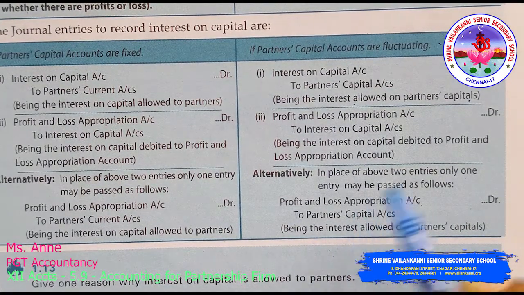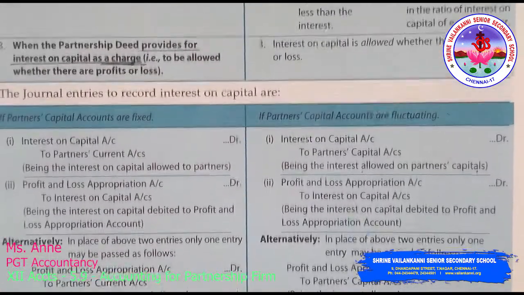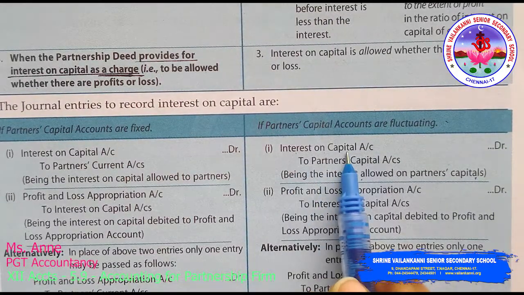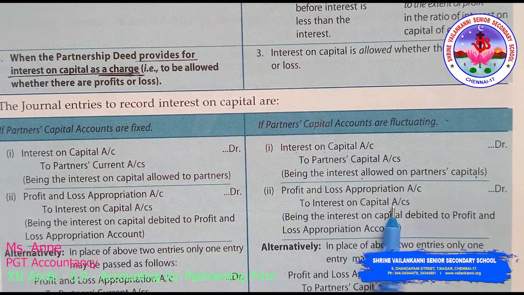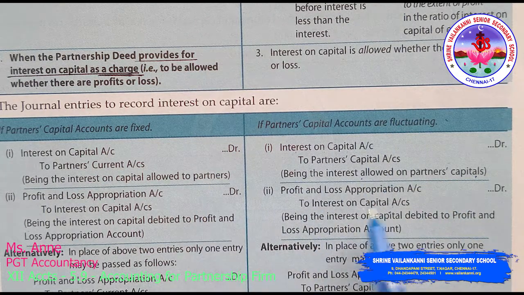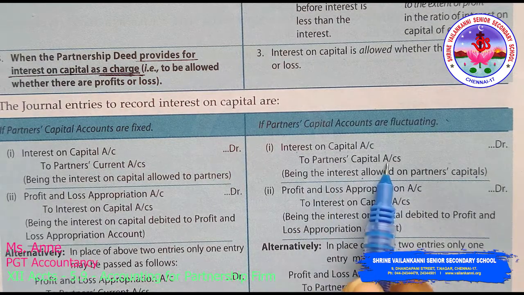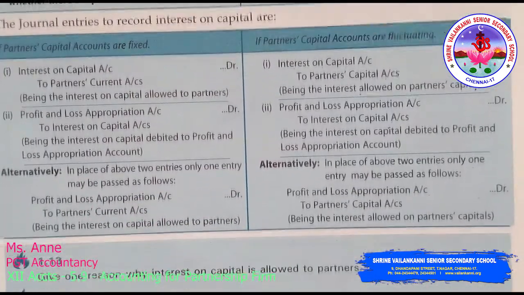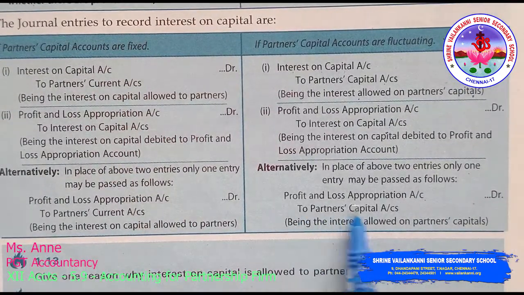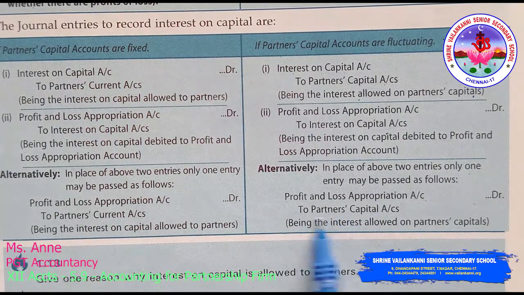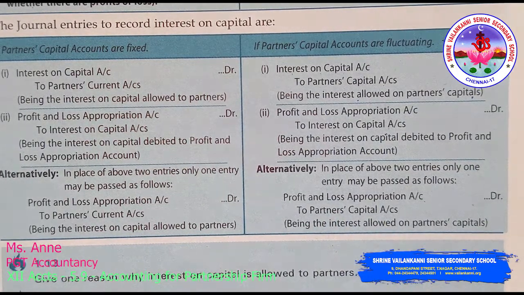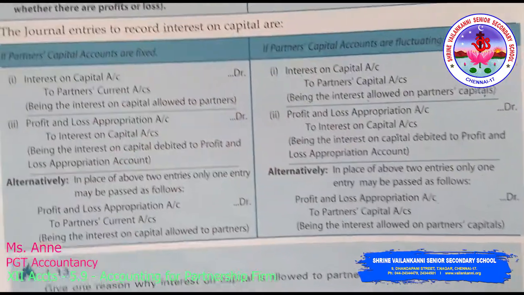So what happens here is the debit interest on capital and credit interest on capital get cancelled. So ultimately what remains is P&L appropriation account to partners' capital account. That's why we have derived this entry like this. I am sure that you are able to understand this clearly now.